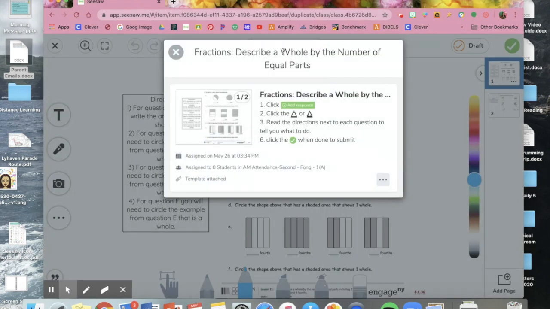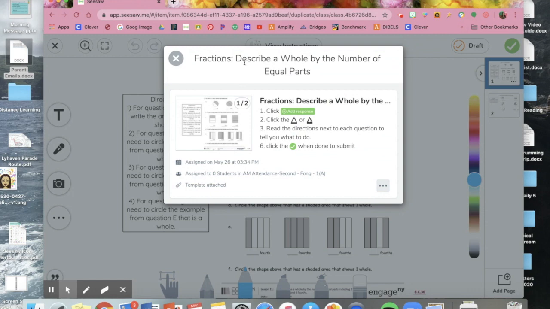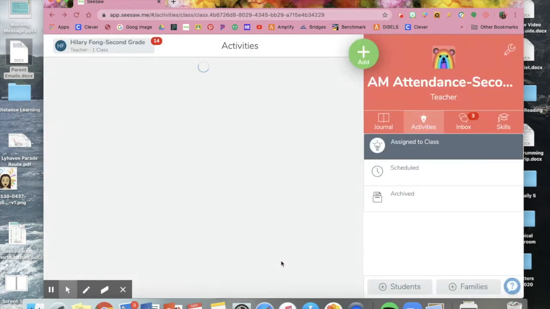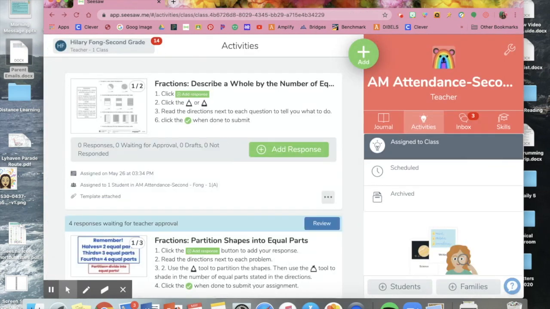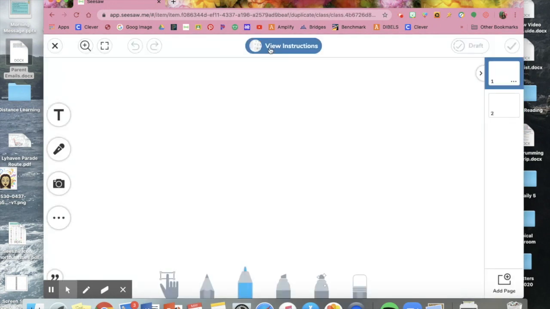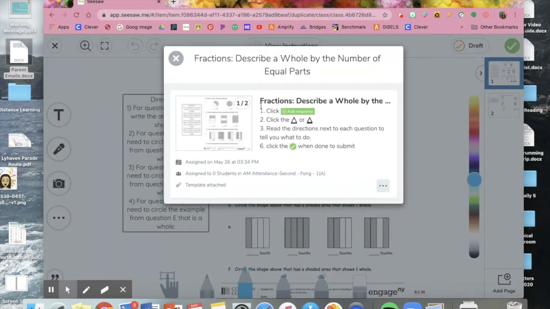You are going to be looking for the assignment that is fractions. Okay, so let's look for your assignment on Seesaw. You're looking for the assignment that says fractions describe a whole by the number of equal parts, okay?